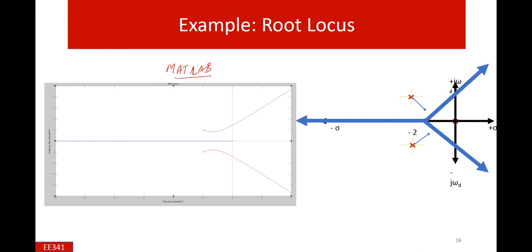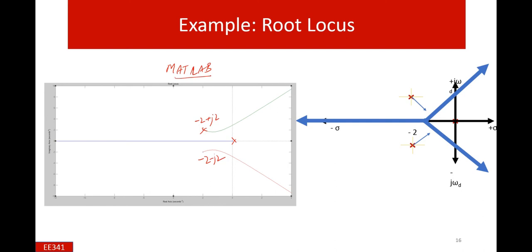And this blue line is the root locus due to the open loop pole at the origin, and this green line is the root locus due to the pole at -2 plus j2, and similarly this red line is due to the pole at -2 minus j2, and it follows the same routes.